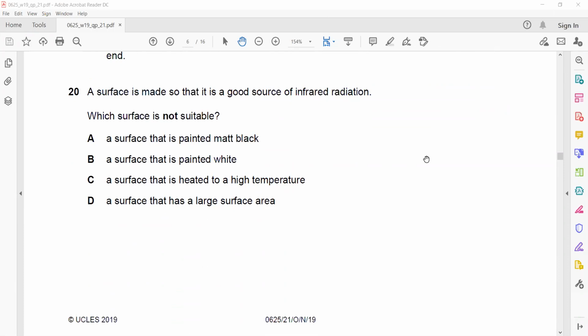A surface is made so that it's a good source of infrared radiation. Which surface is not suitable? A surface that is painted white is not suitable.